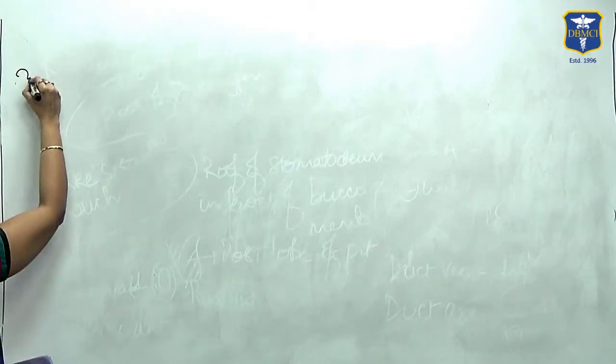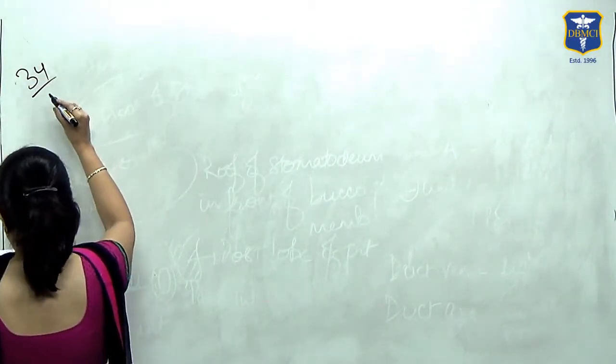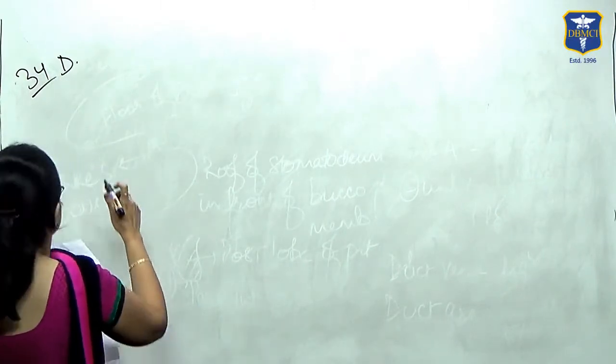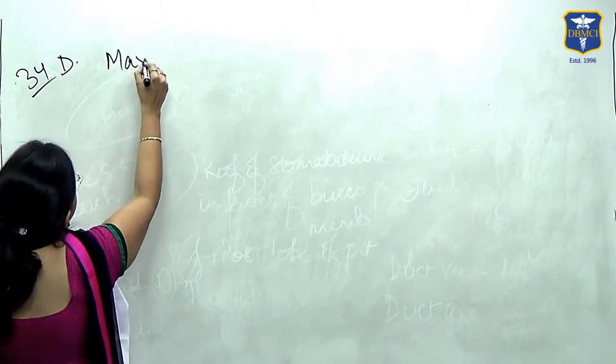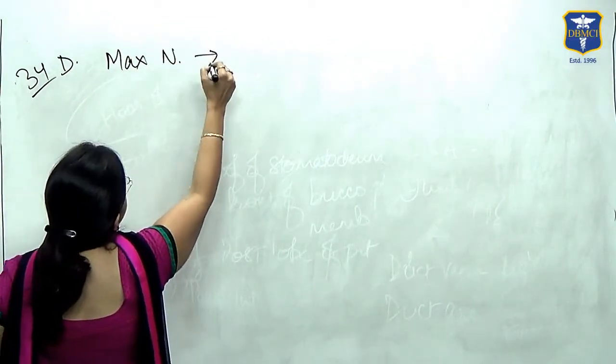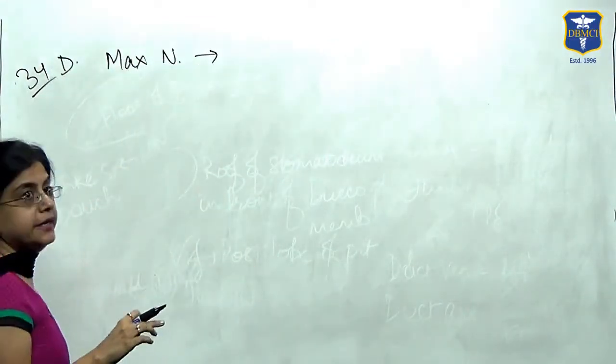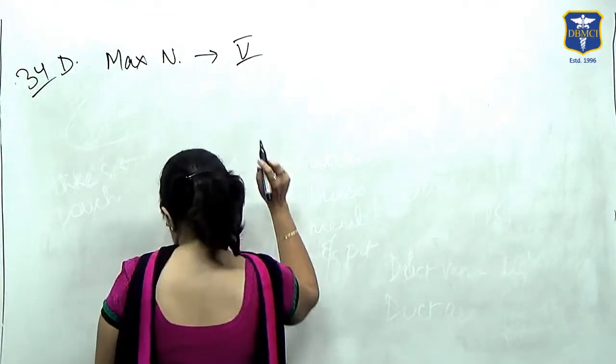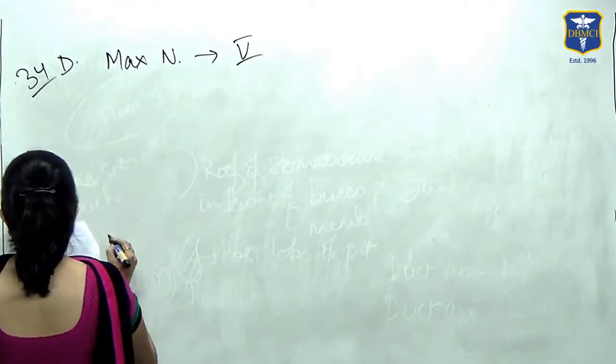Question 34, the answer is D. Maxillary nerve is the second division of the trigeminal nerve. It is a sensory nerve.